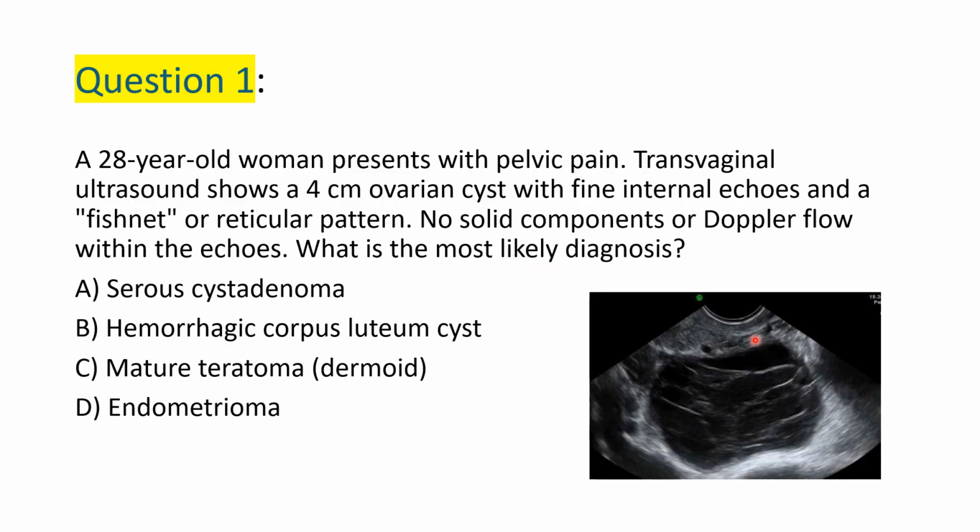So you can see this is our lesion there in the ovary, and this is what we call the fishnet or reticular pattern. So this fishnet or reticular pattern is a sonographic sign of fibrin strands of blood, which confers this configuration, the so-called fishnet appearance.